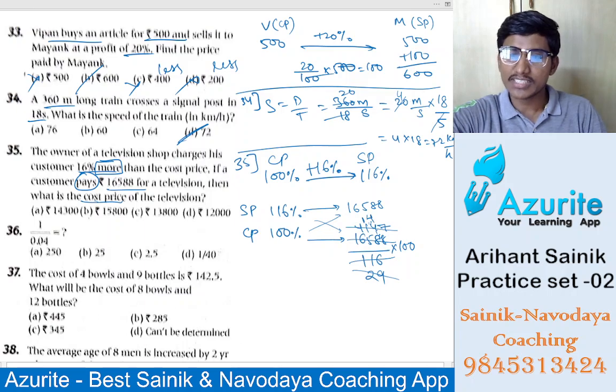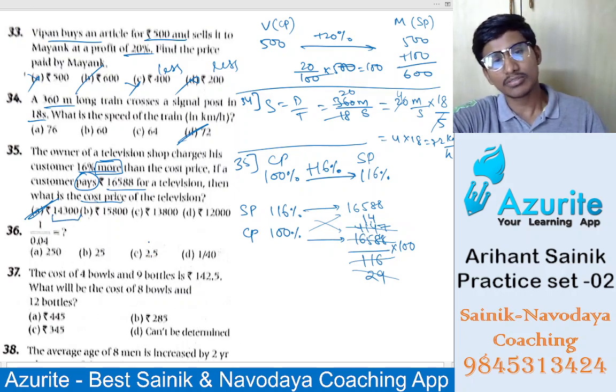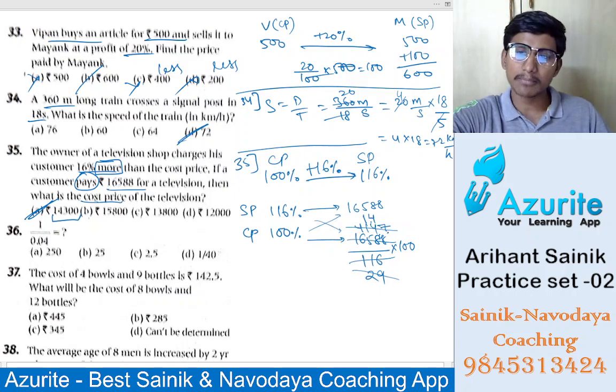So 1 4 is there in which option? Option A. 1 4 something something will come. 1 4 is there in option A. 14,300. Yes, 143 into 100 will be 14,300.